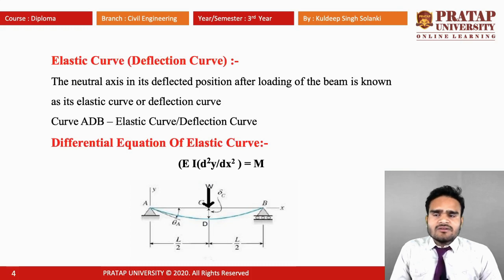So the elastic curve is also called the deflection curve. What is the elastic curve or deflection curve? The deflected shape of the beam axis, or deflected shape of the neutral axis, is called the elastic curve or deflection curve. See the figure, this is the simply supported beam ACB, and the neutral axis, or beam axis, is horizontal. If we apply the load W, the beam will deflect like ADB.